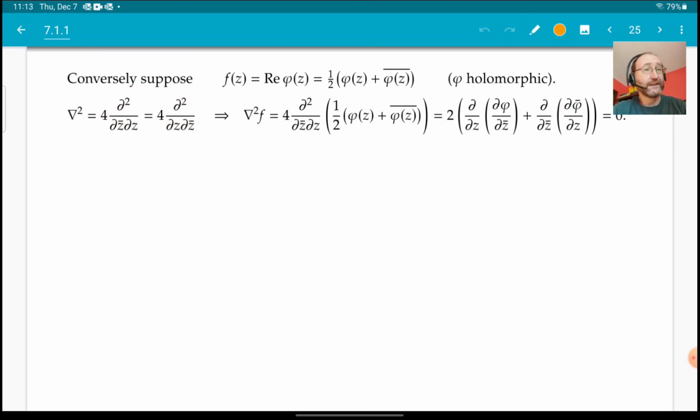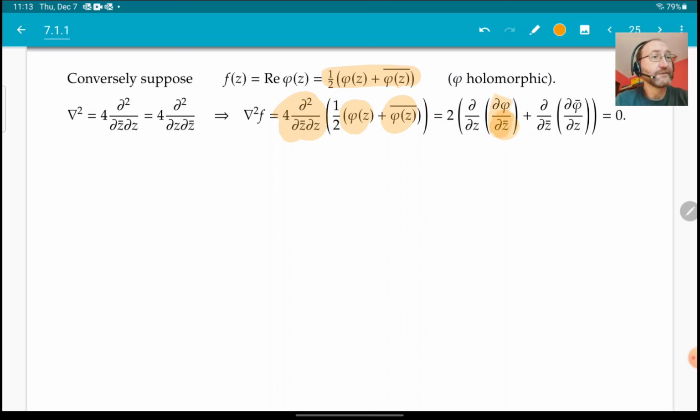Now, that's useful if I apply it to this thing, because I'm applying it to a holomorphic function and the bar of a holomorphic function, right? So I'm applying this operator to this thing and then to this thing. Now, if I apply it to phi, I want to apply the z bar first, because then this whole thing is 0, since I'm taking the z bar derivative of a holomorphic function. But if I'm applying it to phi bar, then I want to do the z derivative first, because phi bar is anti-holomorphic.